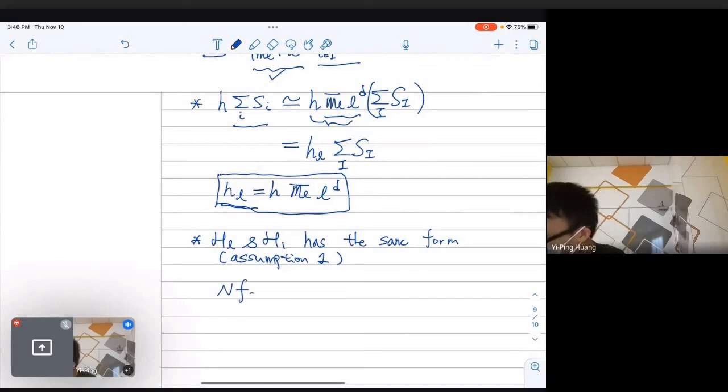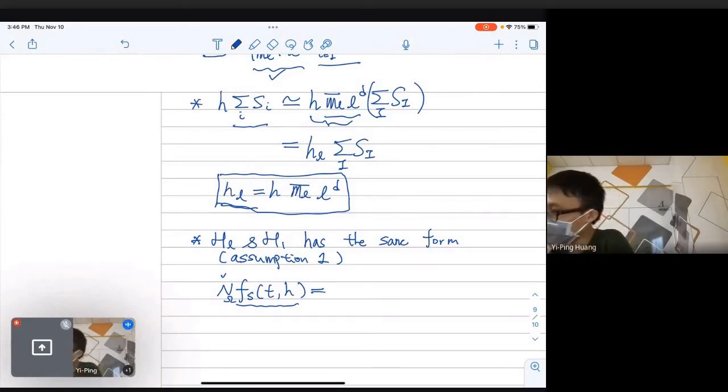So let's consider the singular part of the free energy as usual. Because this Fs is just the free energy per spin, the total free energy is that times the total number of spins, which is N omega, before we do the coarse-graining, and that will be the free energy of our system. So now we are trying to get the free energy of the new effective Hamiltonian.